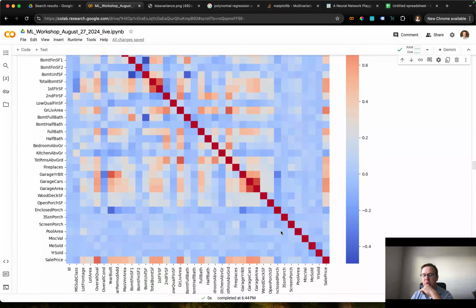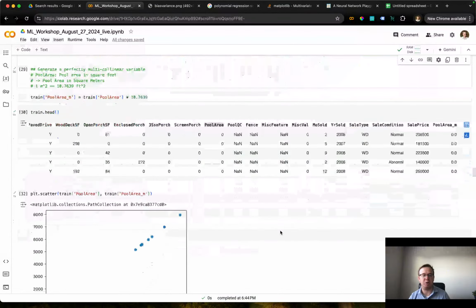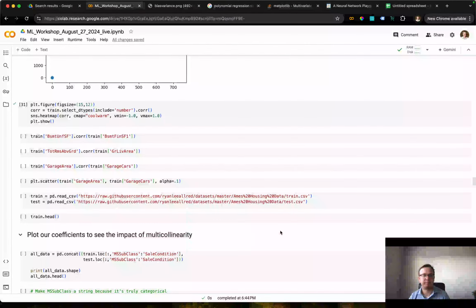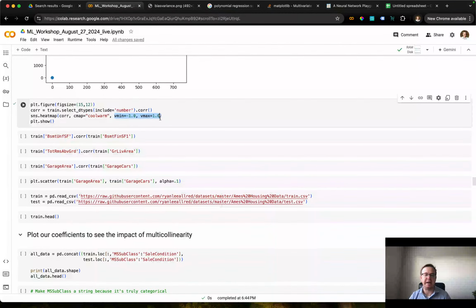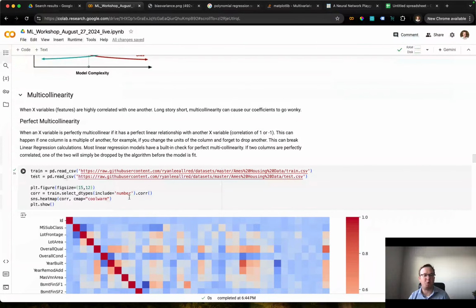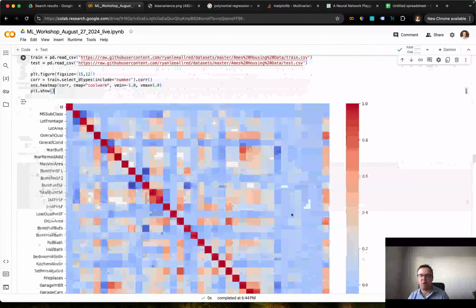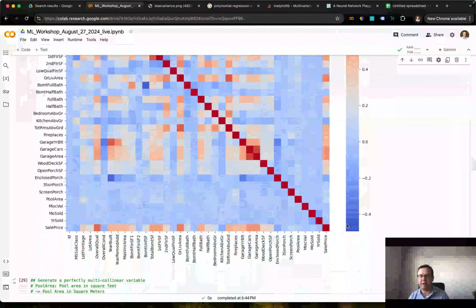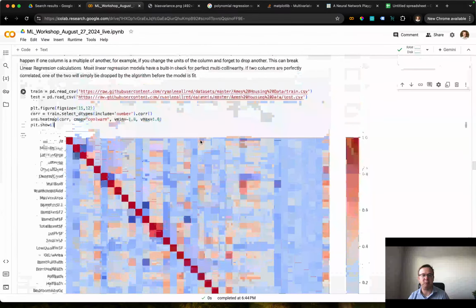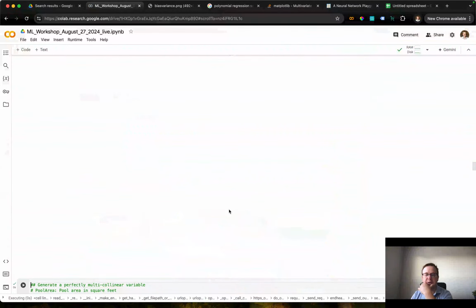It's actually close to -0.4. So if I give it this Vmin and Vmax parameter, that will force dark blue to be -1 instead of being -0.4. So this is a little more accurate representation of our correlations.